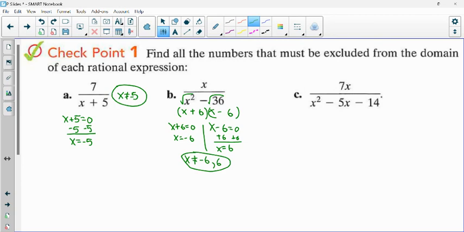All right, try letter C on your own. You're going to have to factor and then set each of them equal to 0. All right, so how would we factor the bottom? Yeah, we're doing the same factoring.